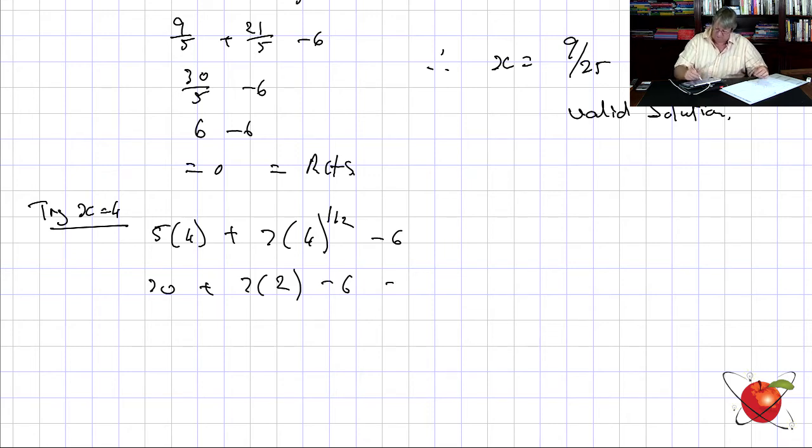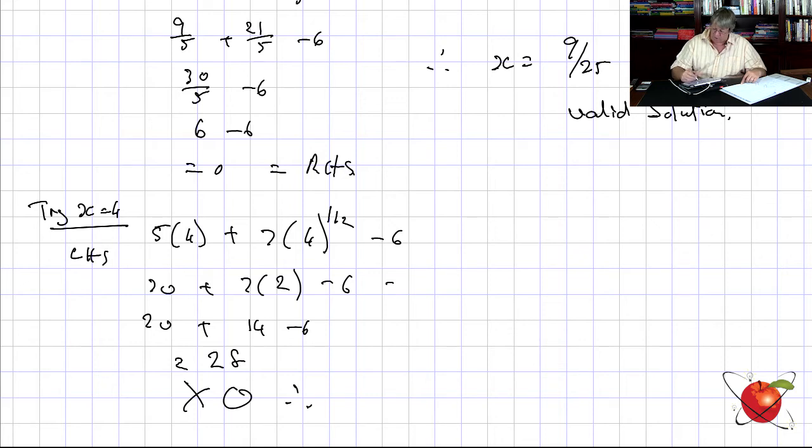We're just doing left-hand side first, right? And we get 20 plus 14 minus 6. That is 20 minus 6 is 14, equals 28. It's not equal to 0. Therefore, 4 is not a solution.